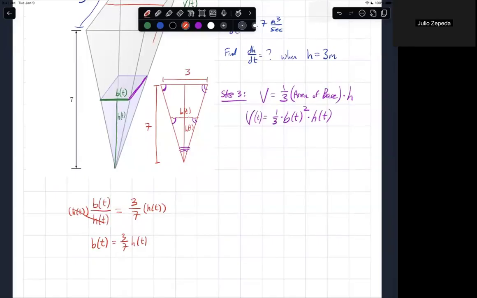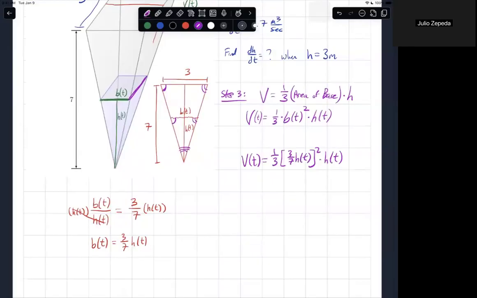And so this is actually a nice substitution that we can make, because if we make this substitution, v of t equals 1/3 base, which is 3/7 height, squared times h of t. If we make this substitution, this volume function is now only dependent on the height.